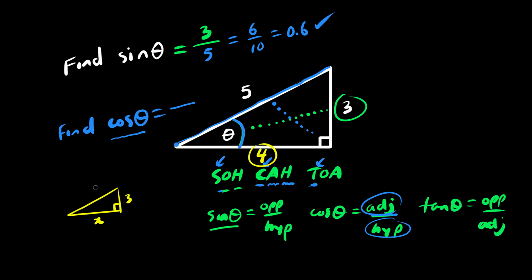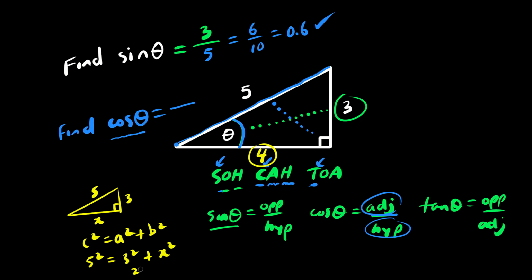This is 3, this is 5. From the Pythagorean Theorem, c squared is equal to a squared plus b squared. We know that c squared, which is 5 squared, is equal to a squared, which is 3 squared, plus b squared, which happens to be your x squared. We can just solve for x.